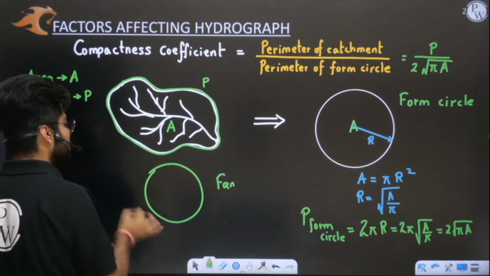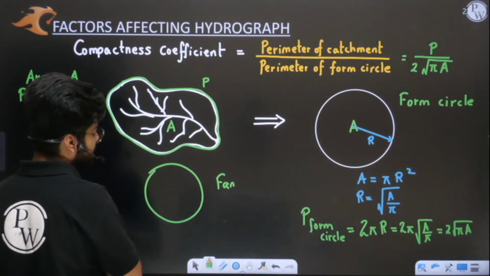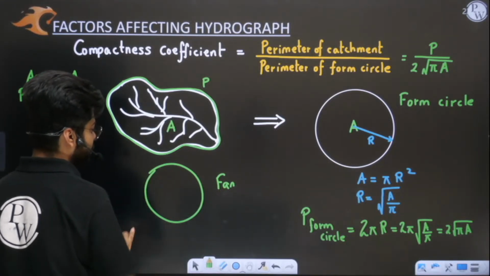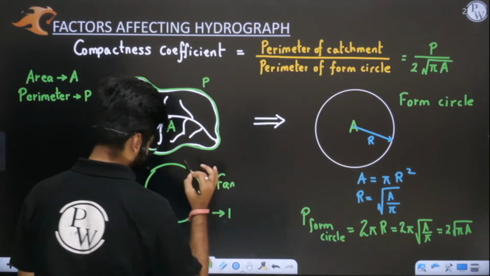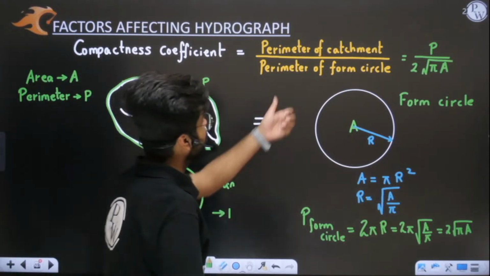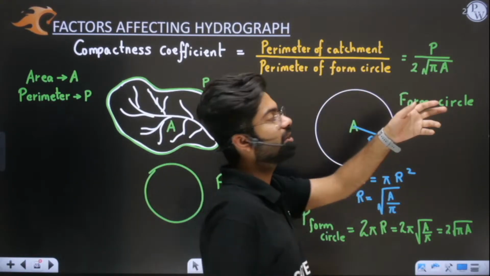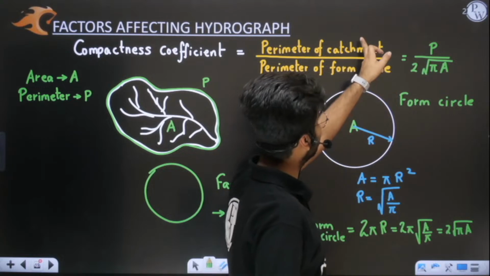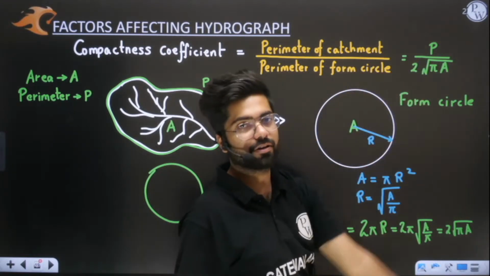In this case the compactness coefficient will tend to 1. Why? Because if you have a perfectly circular catchment area, then the perimeter of the formed circle and the catchment will be the same and the ratio will be equal to 1.